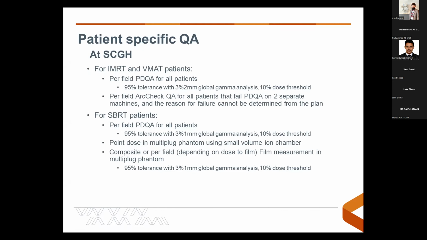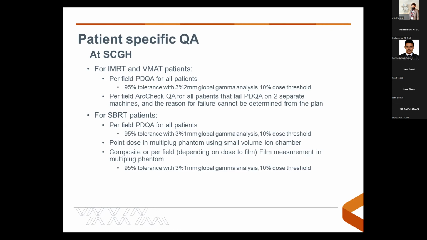In our department, we do portal dosimetry for all patients, with 95% tolerance, 3% 2 mm global gamma analysis, and 10% dose threshold. So this is in line with TG-218. If the plan fails, we'll do a per-field ArcCHECK QA.